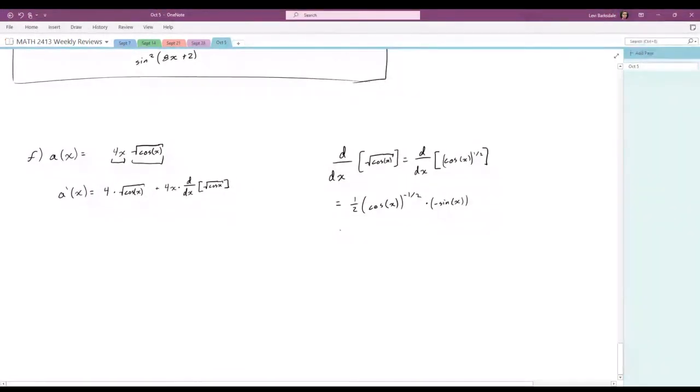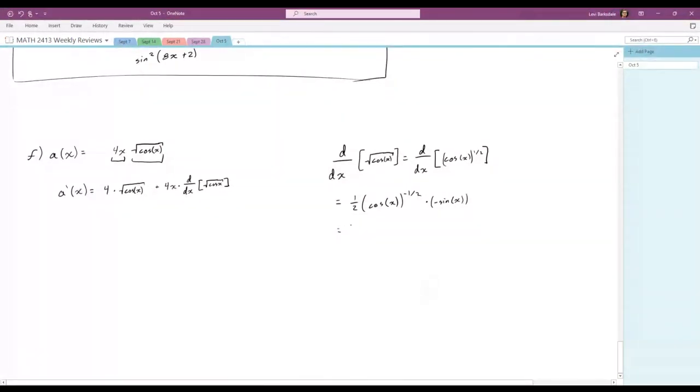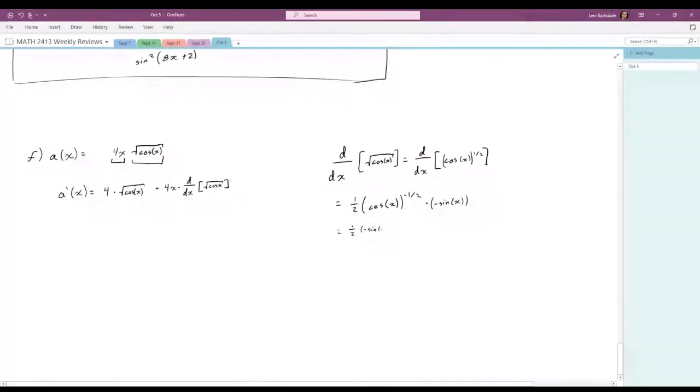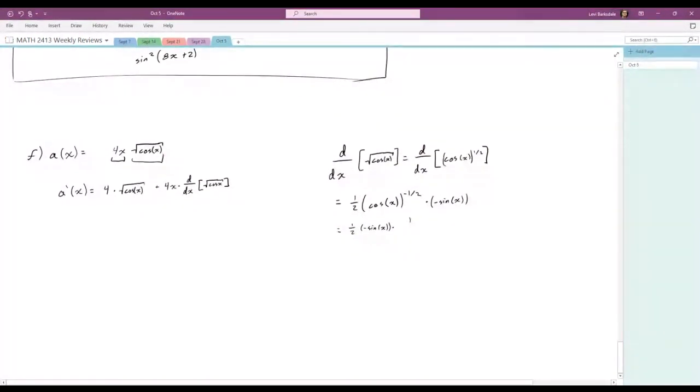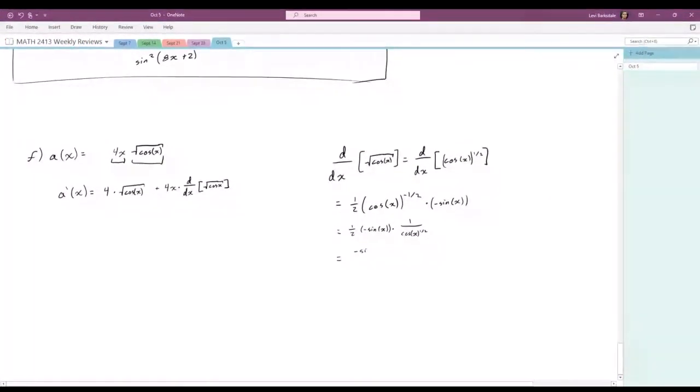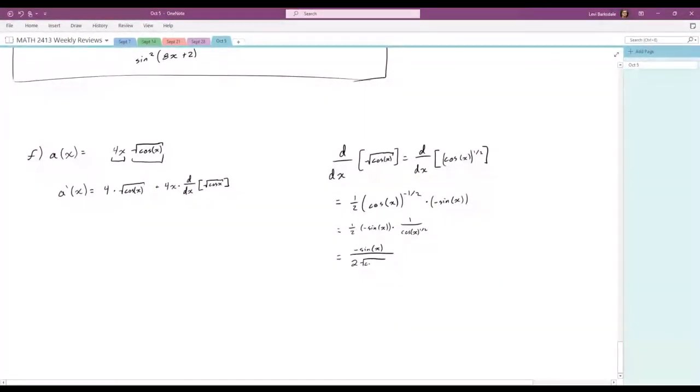And then if I rewrote this, that would be 1/2 times negative sine of x times 1 over cosine of x to the 1/2, which is negative sine of x divided by 2 square root cosine of x. And this would be my derivative, so I can just plug it in right here.